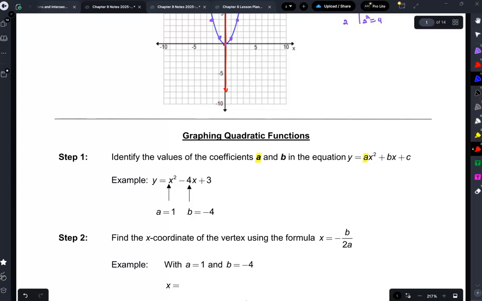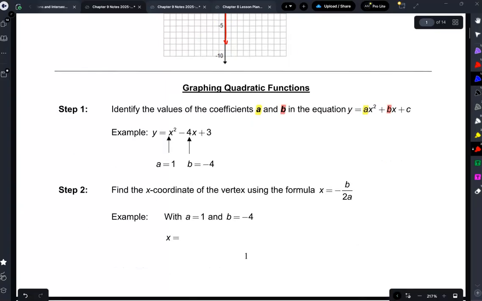B in your equation is the coefficient of x. Now take a look at this function. This is the function we're going to graph. Y equals x squared minus 4x plus 3.